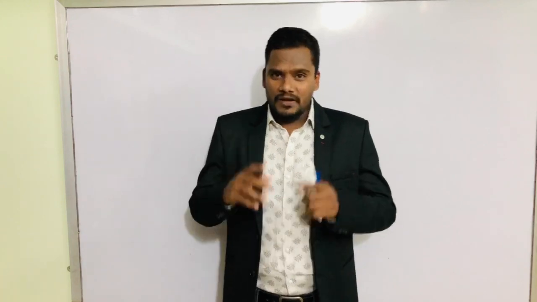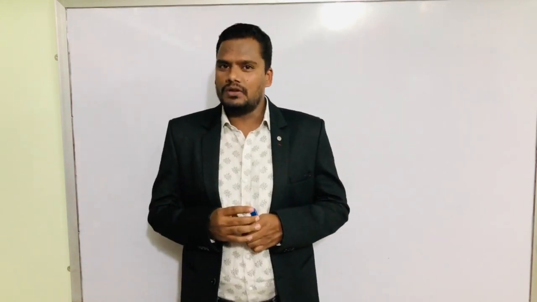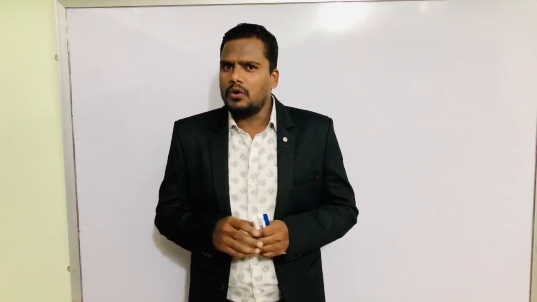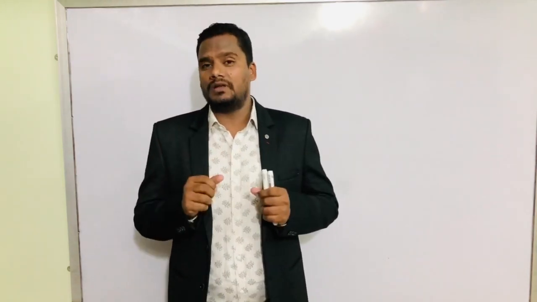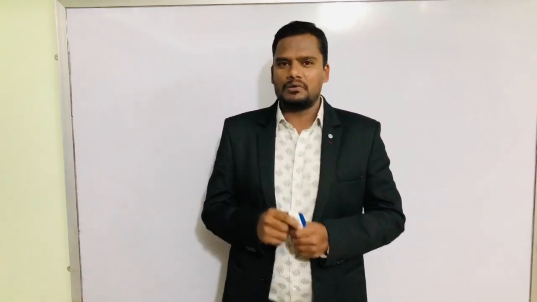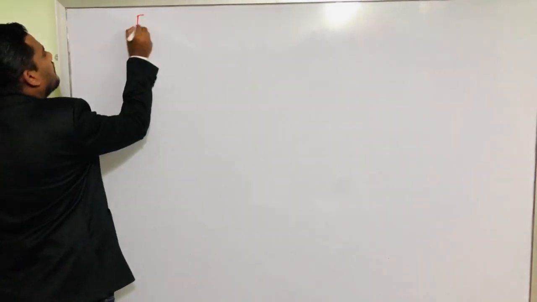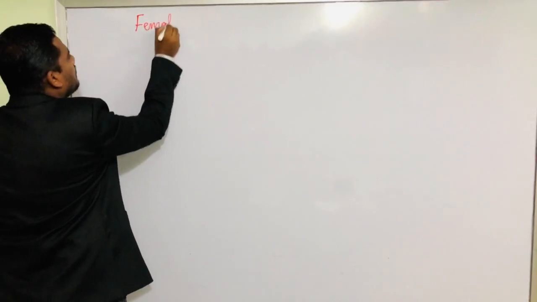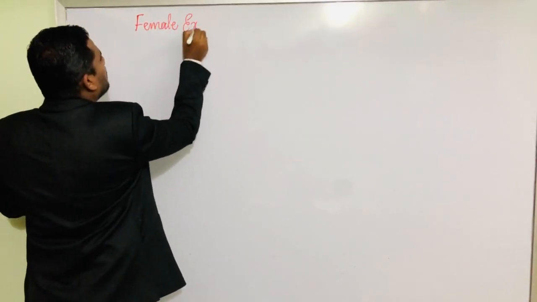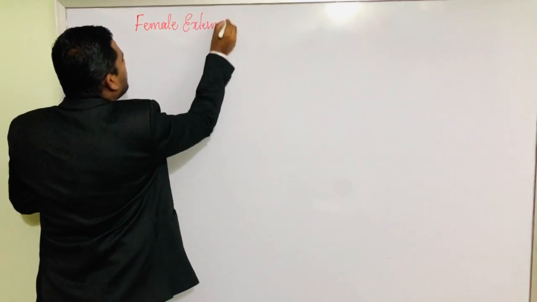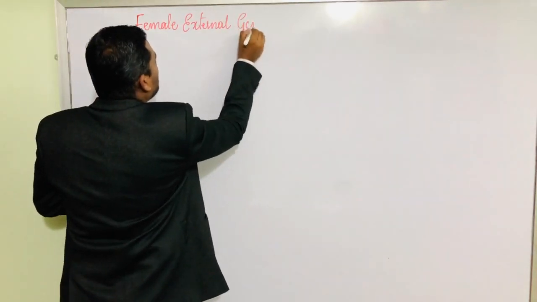Dear friends, in our previous video, we discussed the mammary glands. In this video, we're going to understand one more very important concept related to the female reproductive system, that is nothing but the female external genitalia.